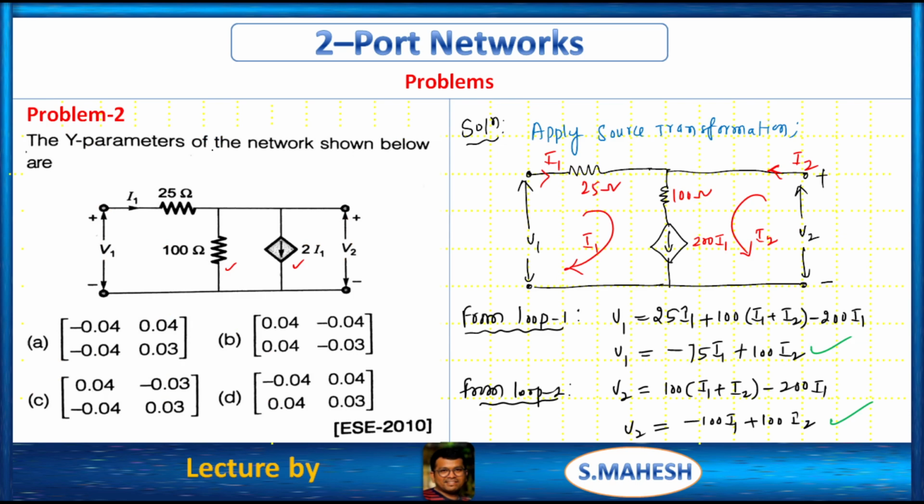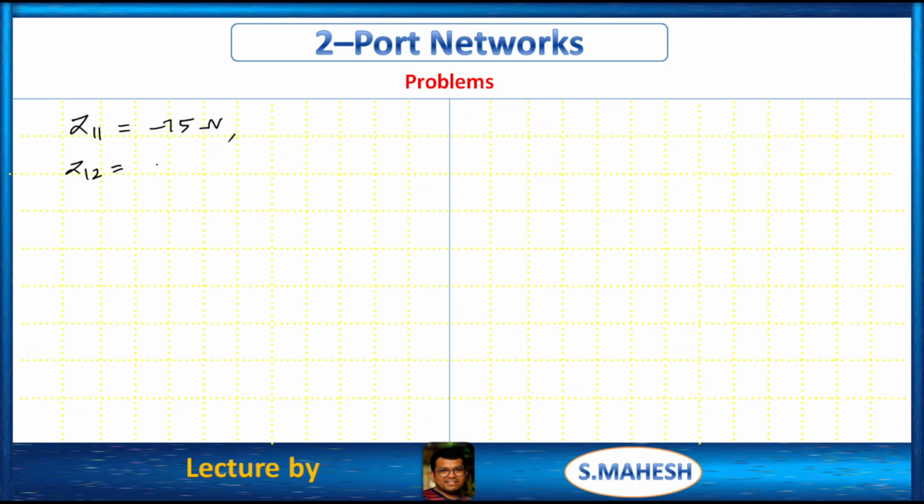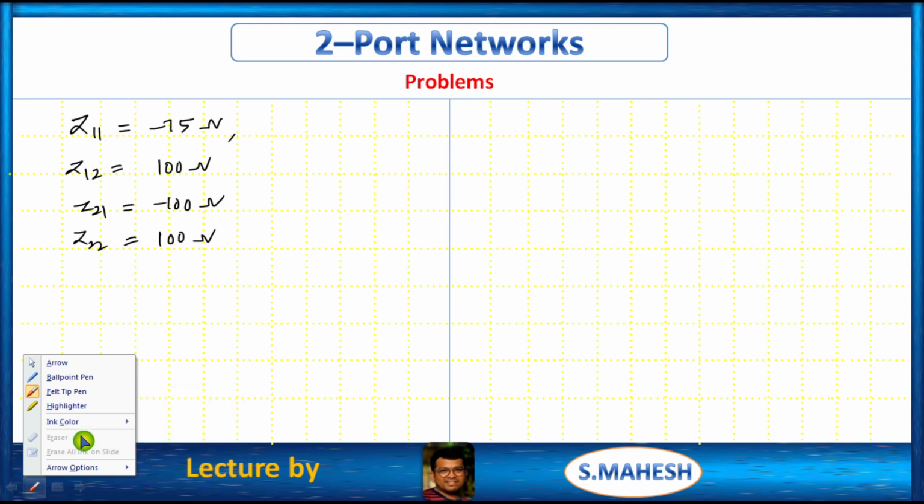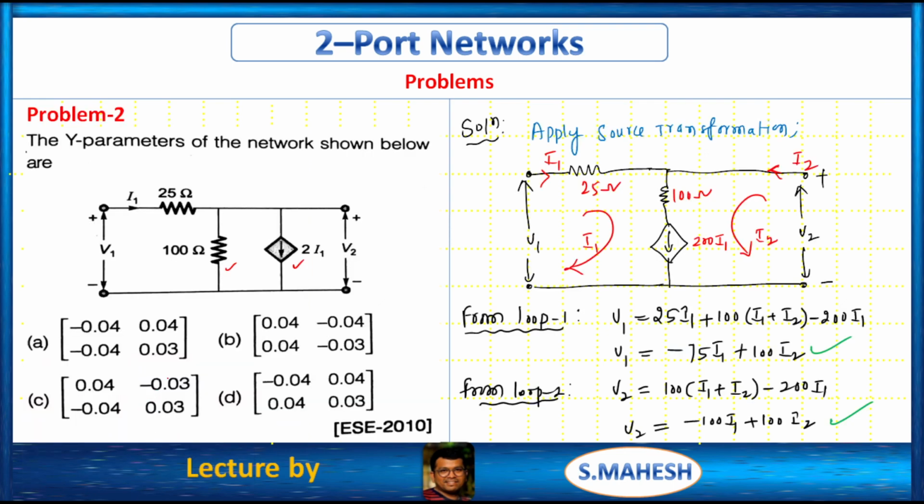Z21 is minus 100, Z22 is 100 ohms, that's it. We all know that we have to get the Y parameters.